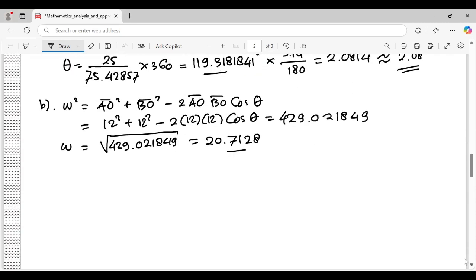This is the first step. The next step is the area of sector AOB. It is 1/2 times 12 squared times theta.